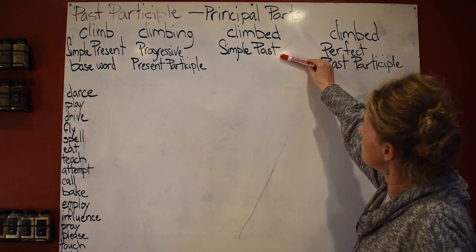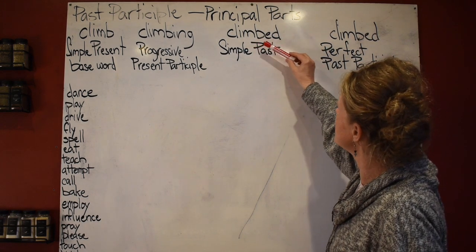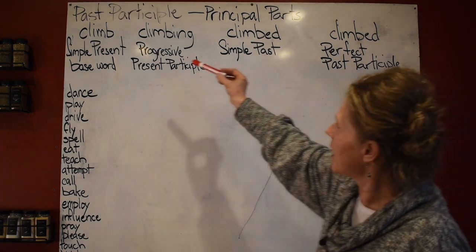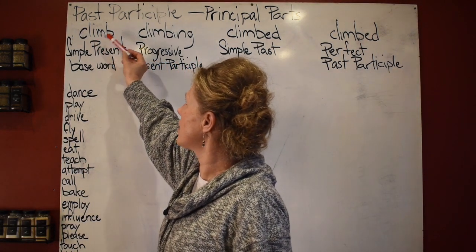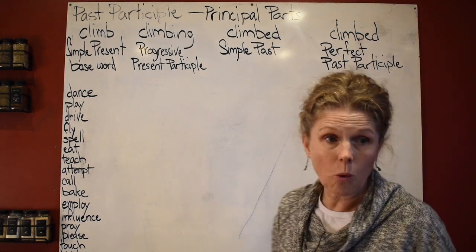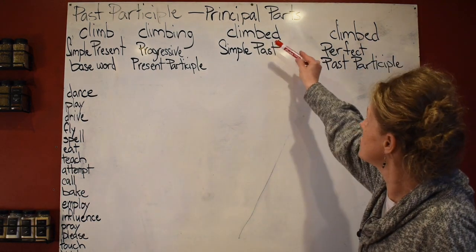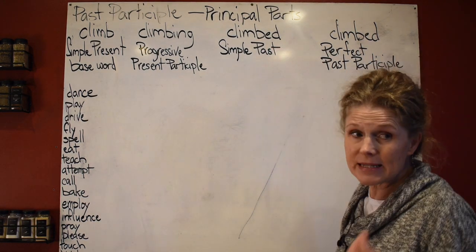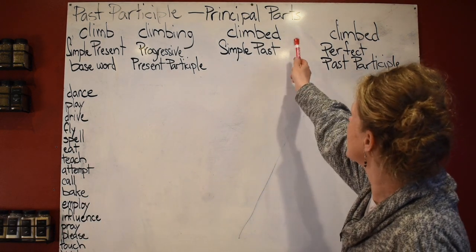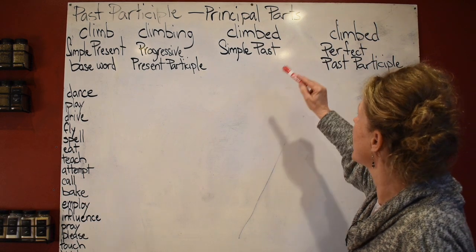For it to be in the simple past, you have to add your suffix ed. This doesn't have a spelling rule. It's not a consonant vowel consonant. It doesn't have an e to drop. It doesn't have a y to change. So you would just add on your past tense ed, and then it would say climbed.